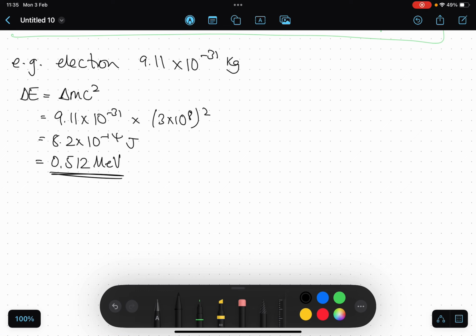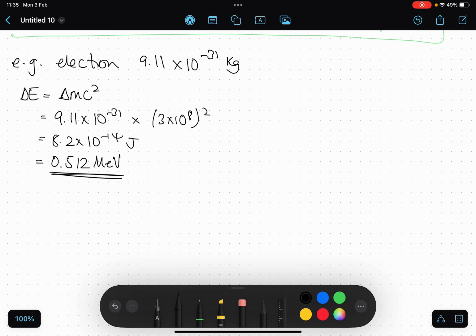So that is the energy equivalence of the mass of the electron. Now, it is the rest mass of the electron. So that's the equivalent amount of energy for an electron at rest.